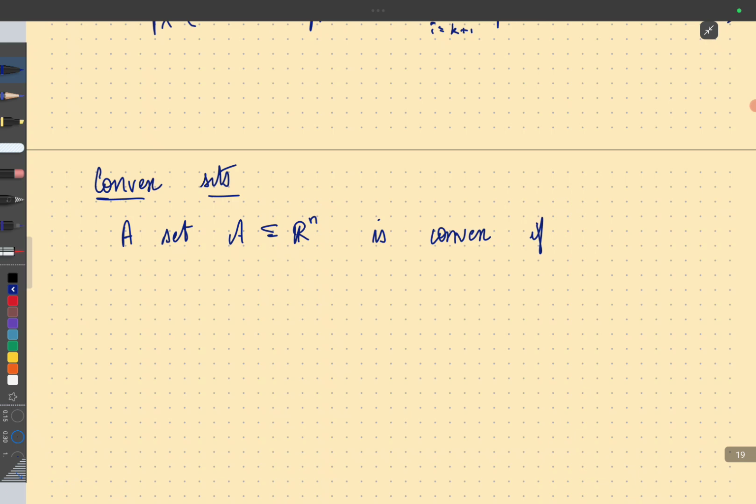If x1, x2 belong to A, then any convex combination. Correct. It's convex if for all x1, x2 in the set A, you take any 2 points, the straight line joining these 2 points should also belong to the set.